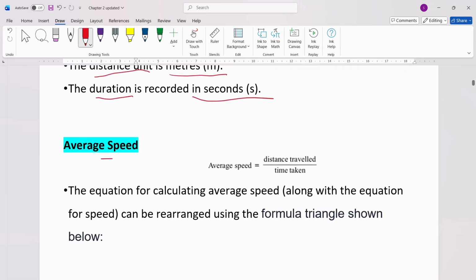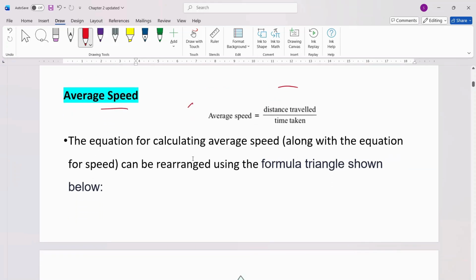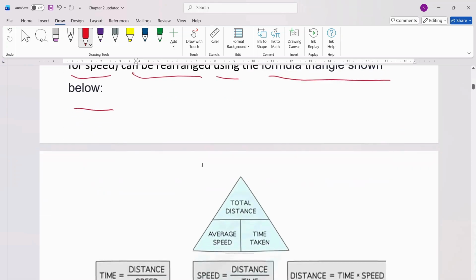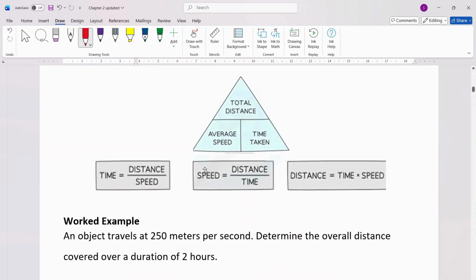The formula for average speed is distance traveled by time taken. The equation for calculating average speed, along with the equation for speed, can be rearranged using the formula triangle shown below. So we can see here total distance, average speed, and time taken in one triangle.